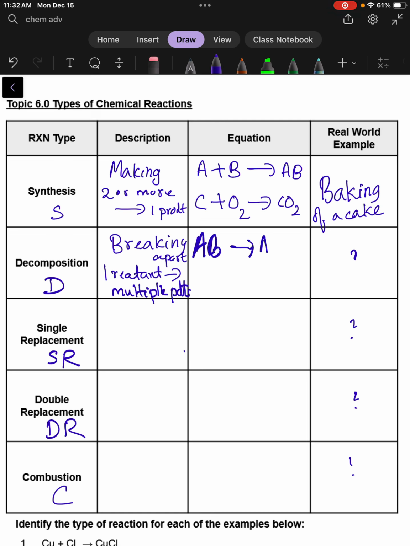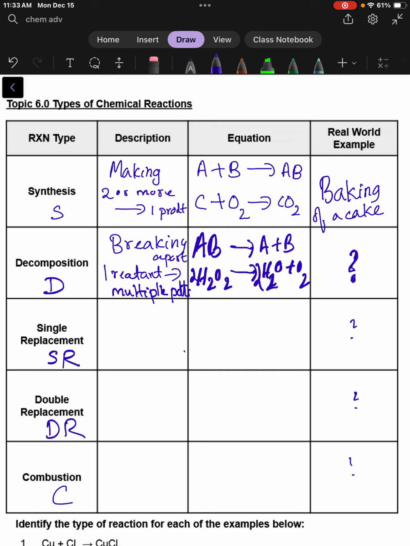It is separated into A and B. A chemical reaction: hydrogen peroxide decomposes into water and oxygen. To balance that, you start with 1, end up with 2 different compounds and elements. That is called decomposition, and think about a real world example.